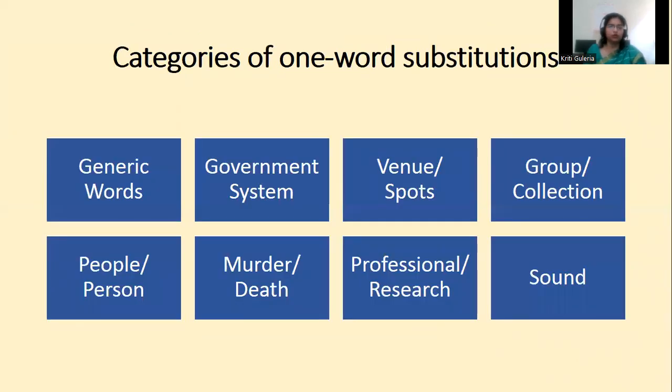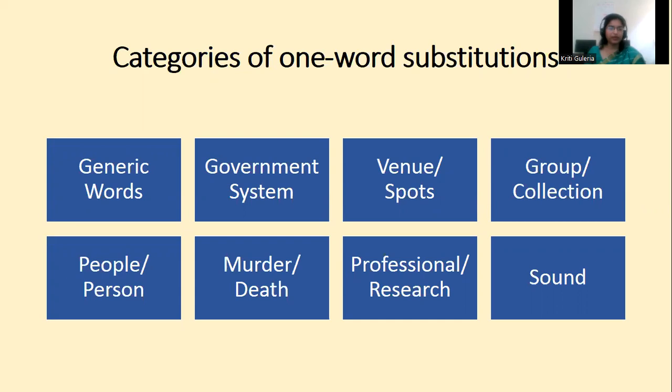Okay. So there are certain categories under which we use one word substitution. As you can see on the slide, there are around 8 categories under which we can classify them. First is generic words, words which we use in our day-to-day life for common understanding and common conversation. Next is government system, where there are certain organizations or certain ways in which government functions, and there is a certain nomenclature given to it.